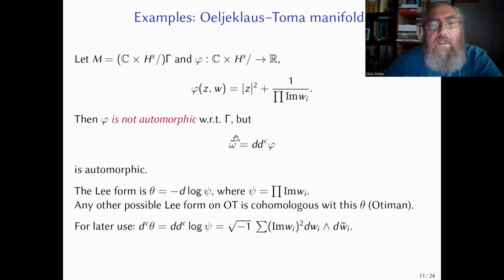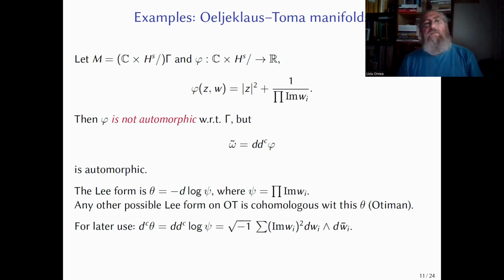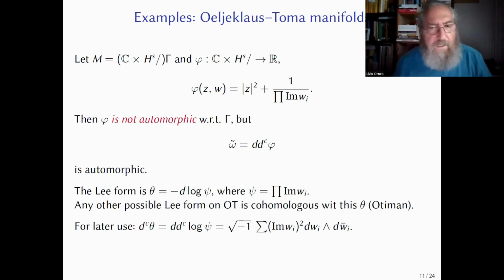So this is the usual way in which you construct LCK metrics. You try to find a Kähler metric which is automorphic, and the easiest way to find an automorphic Kähler metric on the universal cover is to take dd^c of something, an exact one. Only sometimes it happens that the potential is automorphic. That's very rare. Usually the potential is not, as in this case.